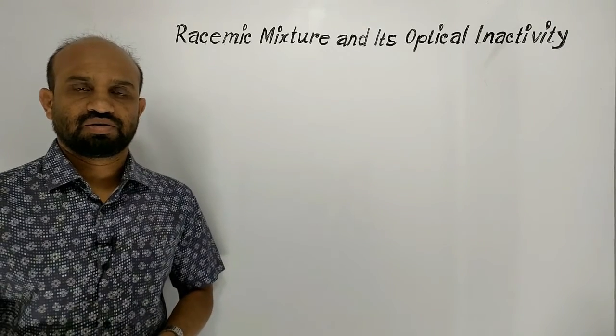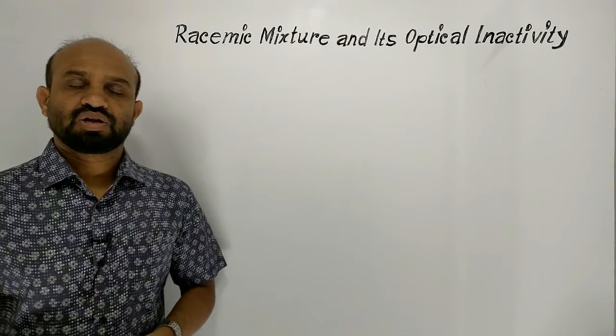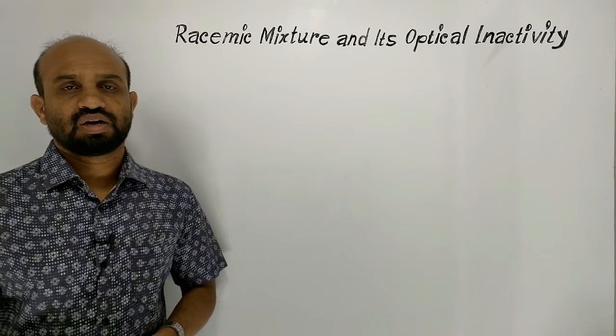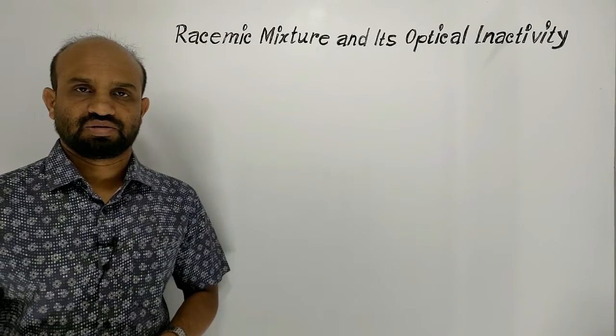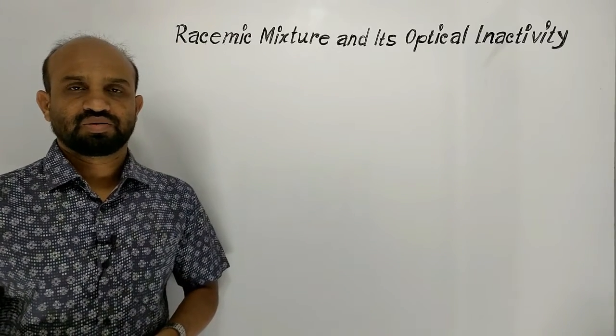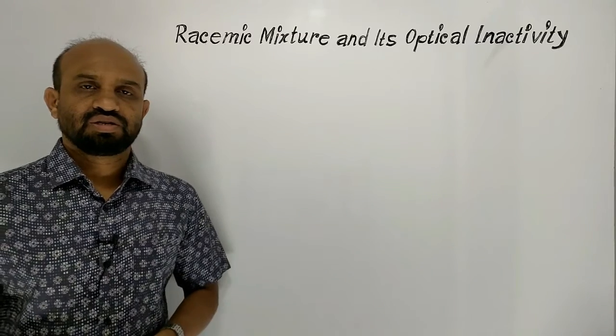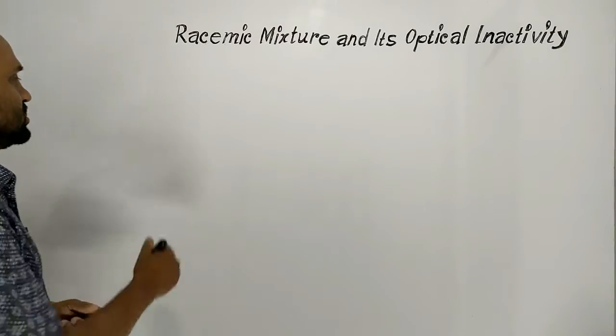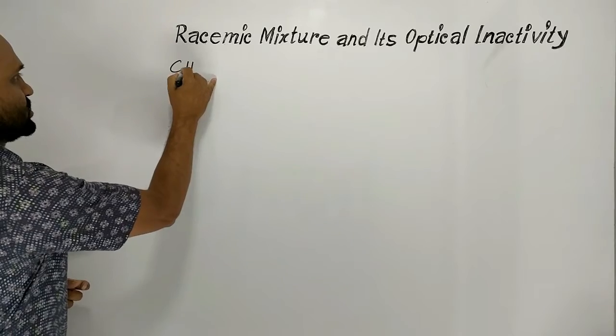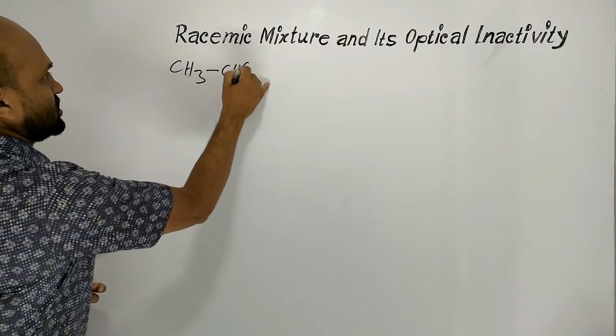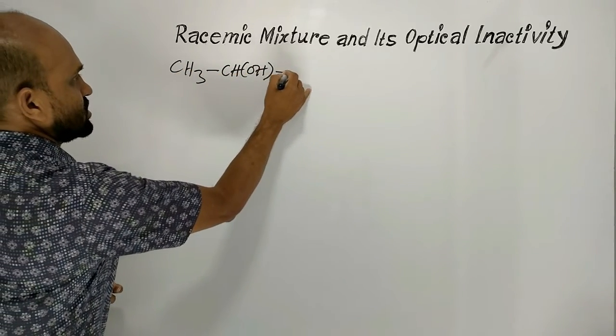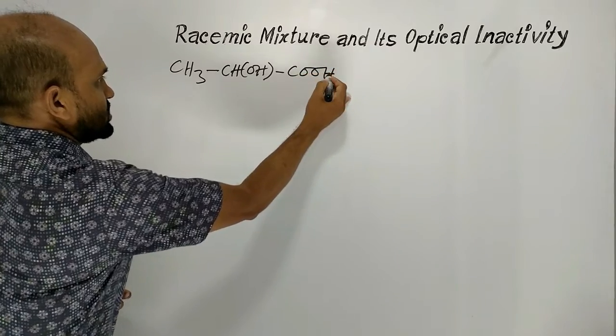Racemic mixture. An equimolar mixture of D and L isomers is called racemic mixture. Let's see an example. CH3, CHOH, COOH.